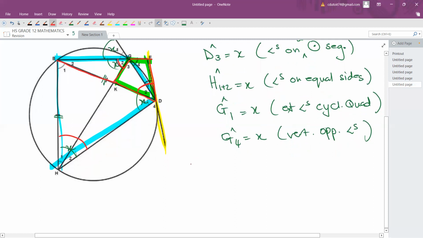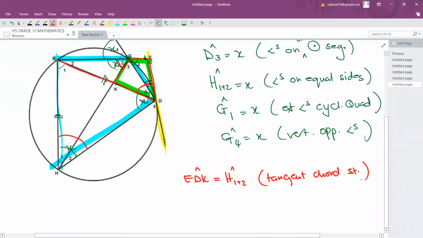So I can say that EDK equals H1 and 2. It's tangent chord statement. But it's the opposite. What's it called? Inverted.